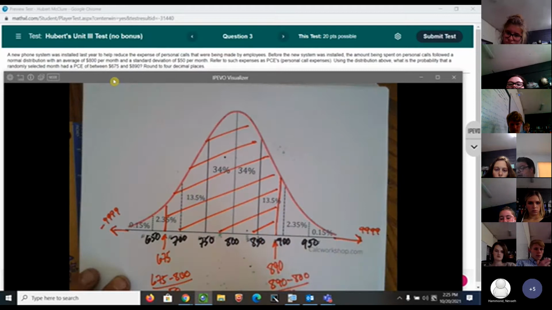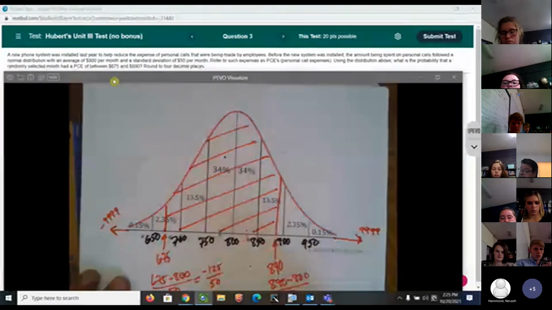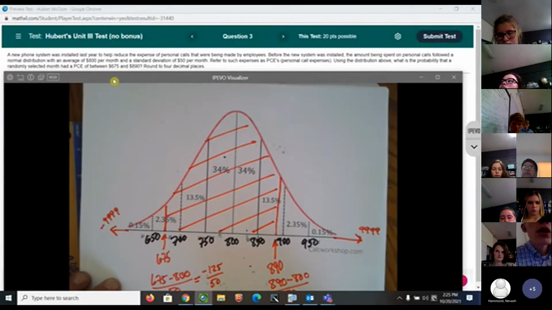So 675 minus 800, I don't know, negative 125. Somebody check my math. Over 50. And I think that's going to be negative, what, 2.5? Somebody check my math. Somebody give me a thumbs up on 2.5.